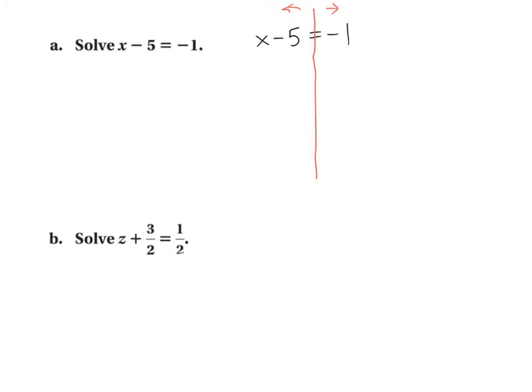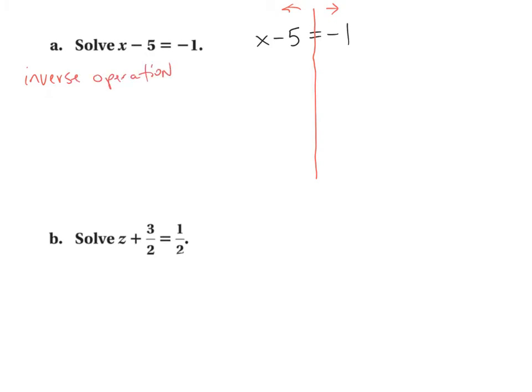Okay? So now I am solving for this x. So the first thing I do is I want to get x by itself. I don't want anything getting in my way. If I could just erase this -5, then I would have x. But I can't just erase it. That's not mathematically correct. So what I need to do is the inverse operation.